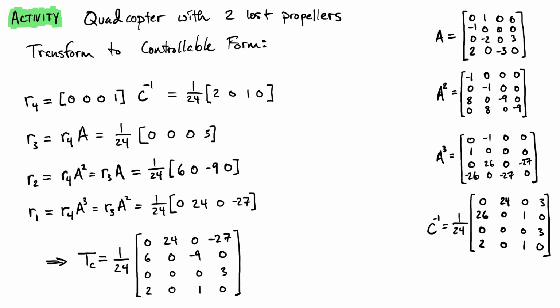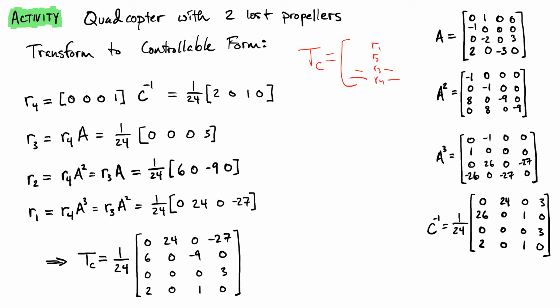All right, so the first step in doing this is to convert to our controller and observer canonical forms. We're going to tackle the controllable canonical form first. What we do is we build out the rows of our transformation matrix. We're going to be making this matrix TC, made of row 1, row 2, row 3, and row 4.